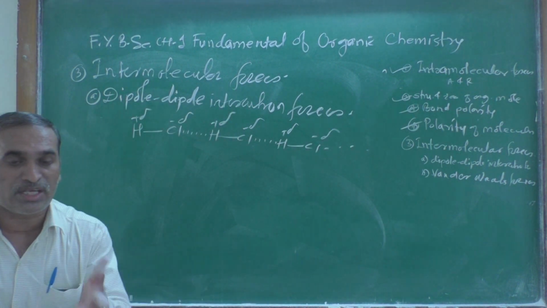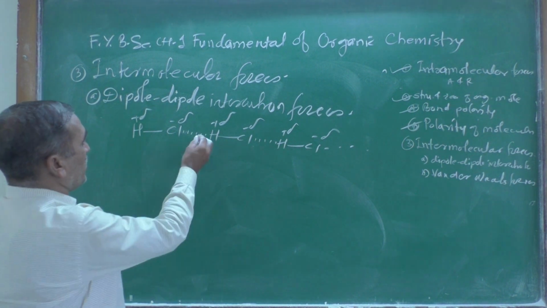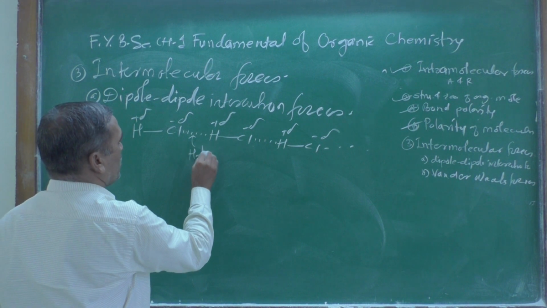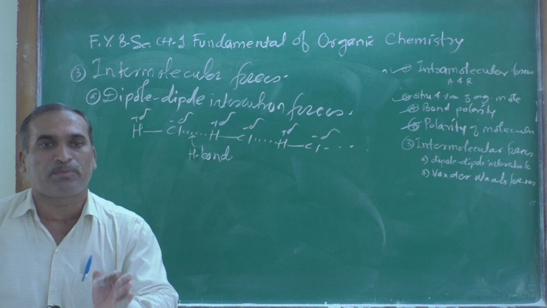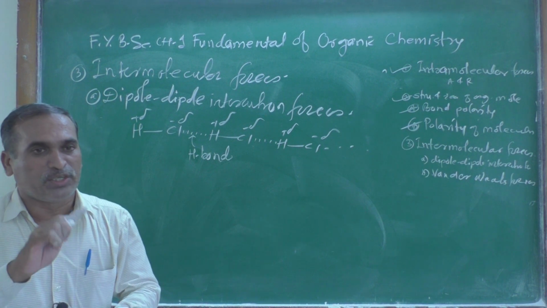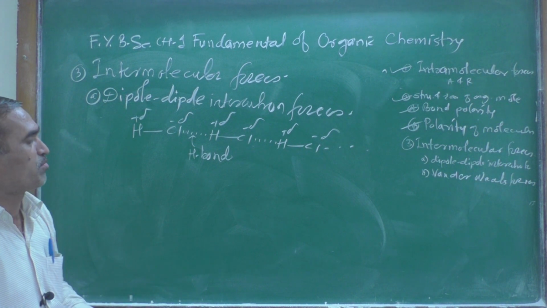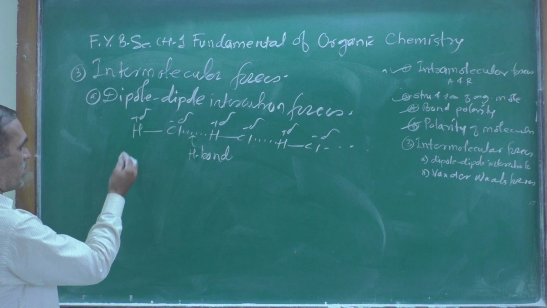Likewise they get associated with the hydrogen. This dotted line clearly indicates there is a hydrogen bond, and hydrogen bonding is a special type of dipole interaction force. Interaction forces are attractive forces.